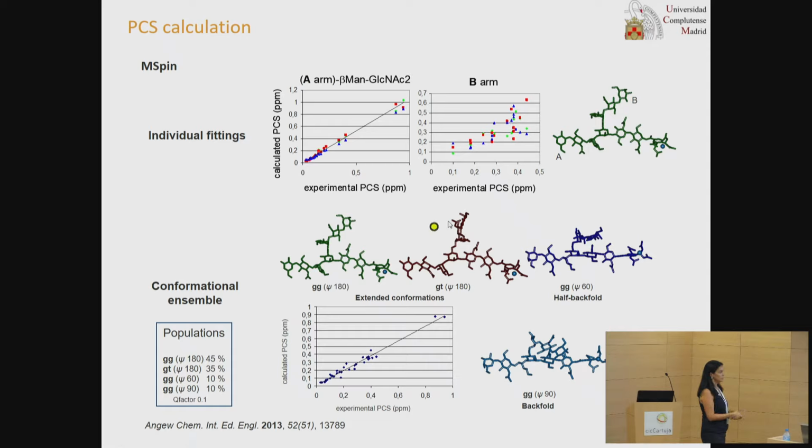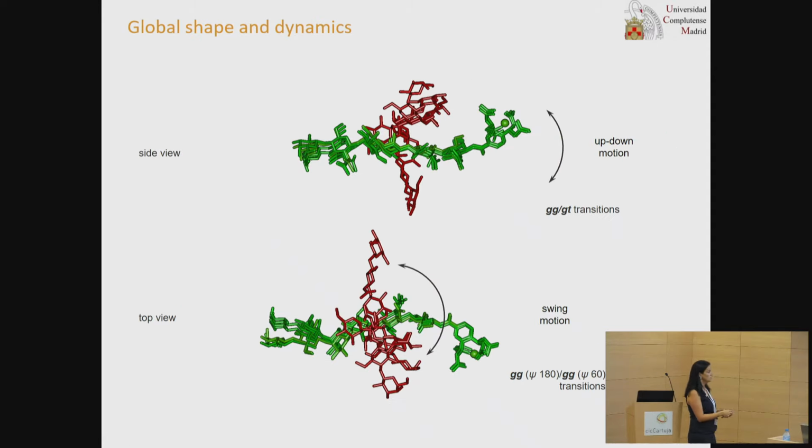And as was hypothesized by molecular dynamics, this arm is very flexible, and we need to consider at least 4 structures to fit the experimental data.